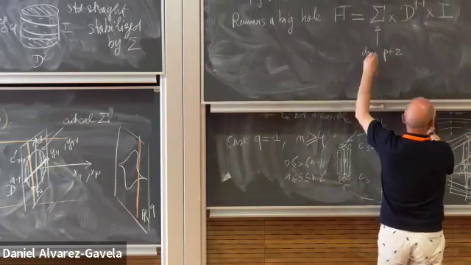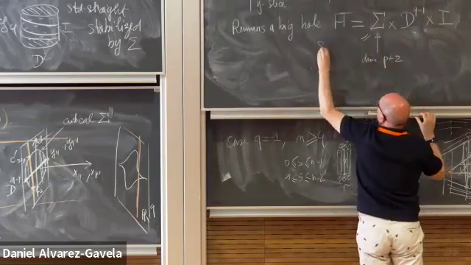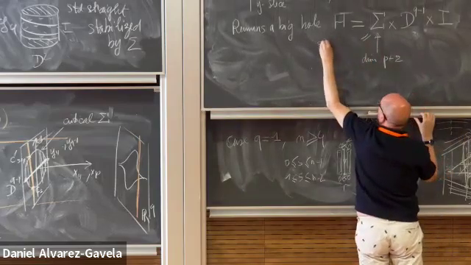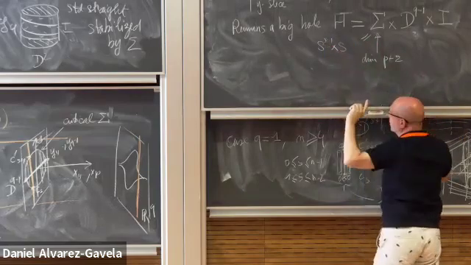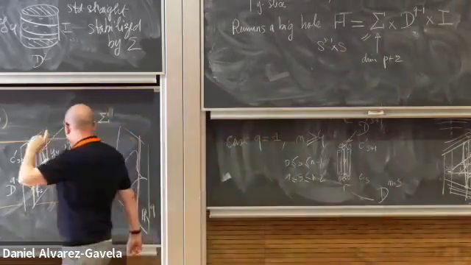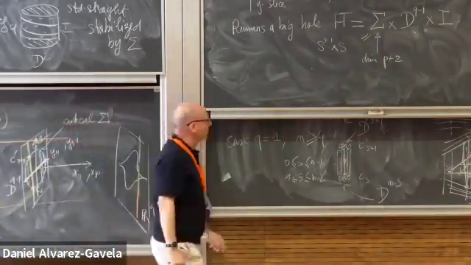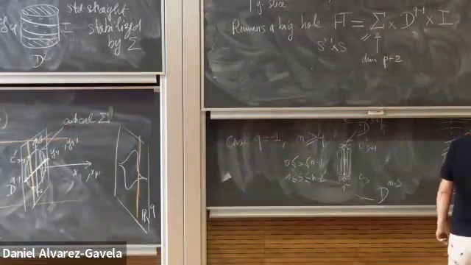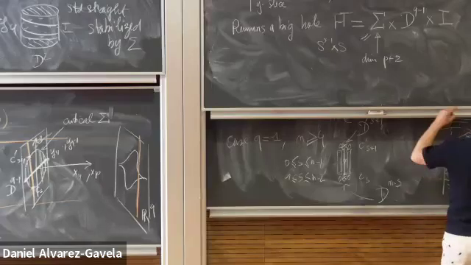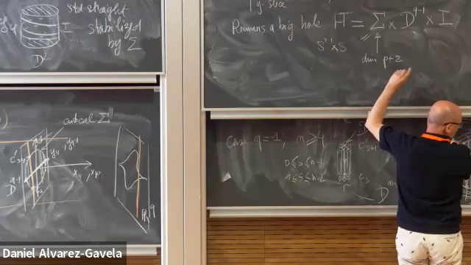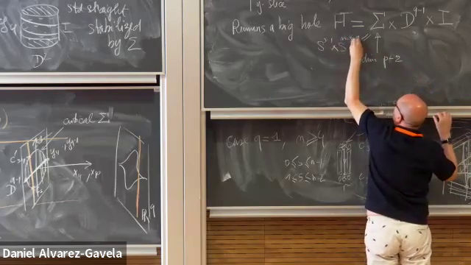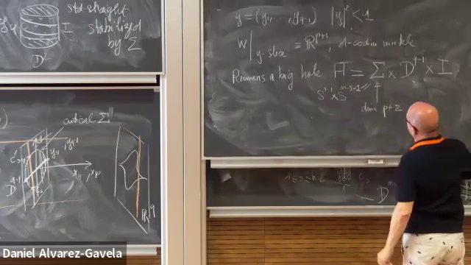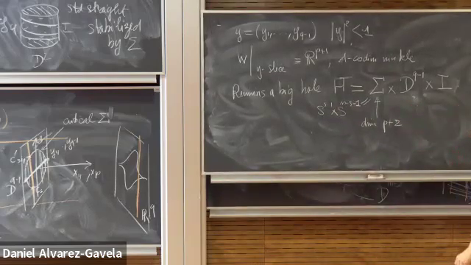So this sigma is S to the S minus 1 cross S to the n, but this n is p plus 1, minus n minus S minus 1. Yeah, okay. Sorry.